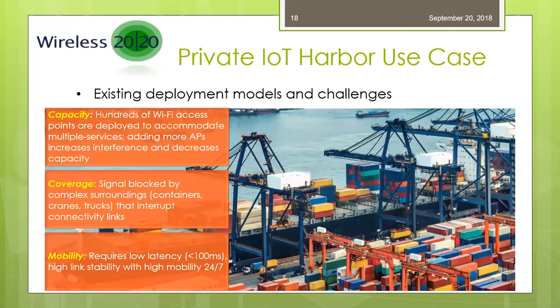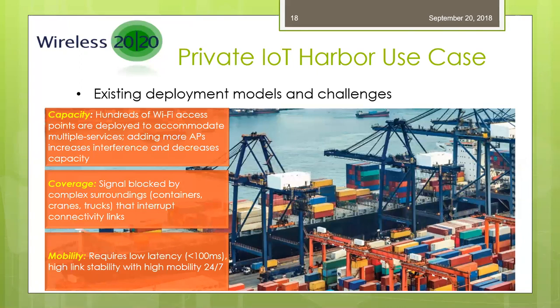It would take hundreds of Wi-Fi access points to accommodate multiple services. Adding more and more APs increases the interference and decreases the capacity. So capacity is something that we have to keep our focus on.